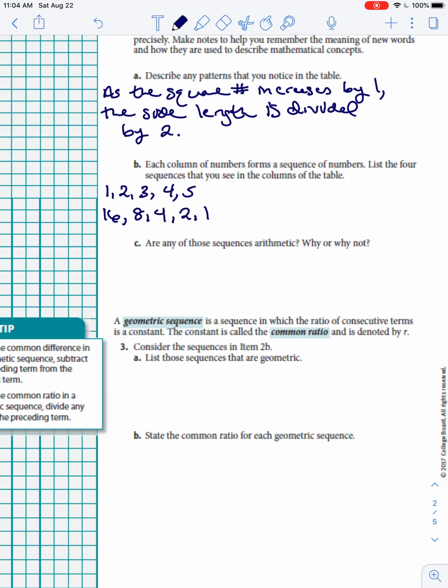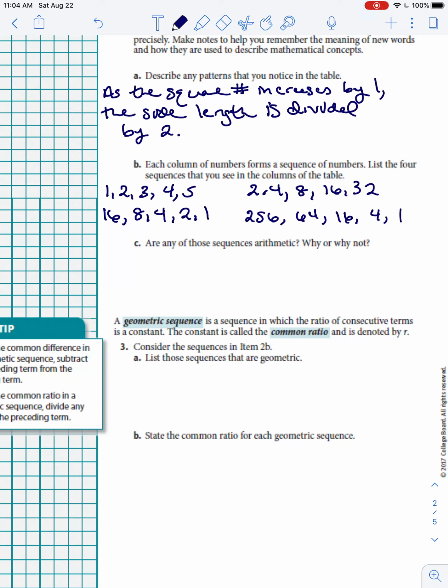Okay, and the third pattern I see is the 2, 4, 8, 16, 32. And finally, I see the area pattern, which was 256, 64, 16, 4, and 1. Okay, so those were just the 4 columns.